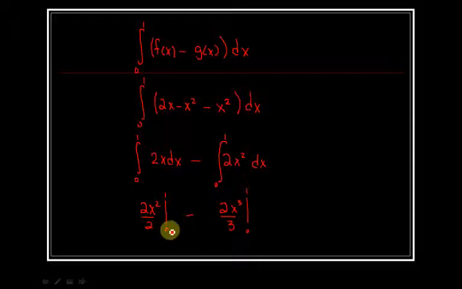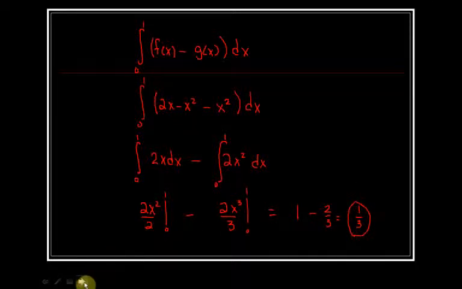And of course the 0 portion on the bottom of the integration, when I plug in 0, it's going to be just 0. When I plug in 1 for x squared, it's going to be 2 over 2, which is just 1. And on the second half, when I plug in 1 for x cubed, it's 1, so it's 2/3. 1 minus 2/3. So our solution in this case is 1/3.